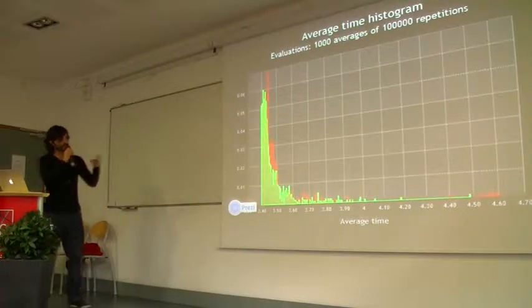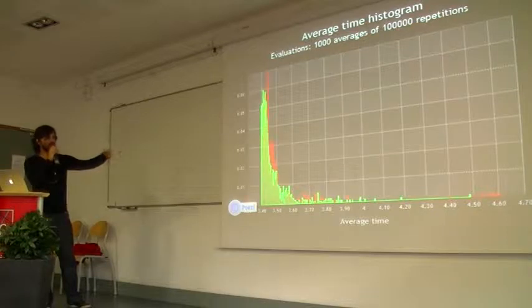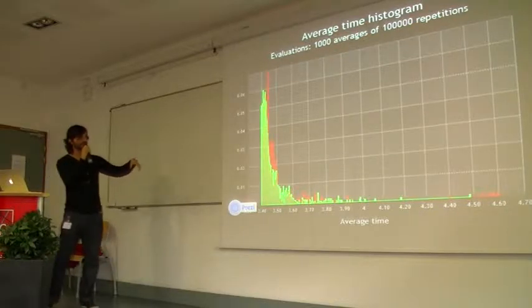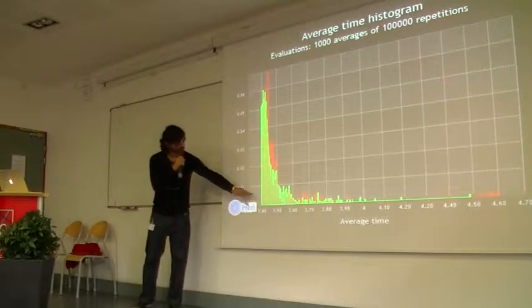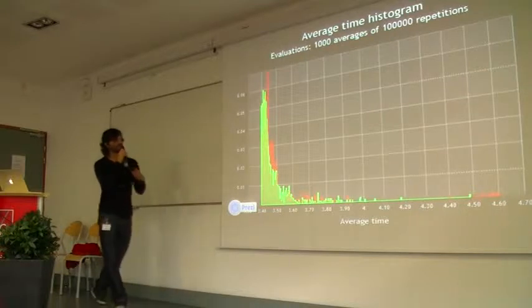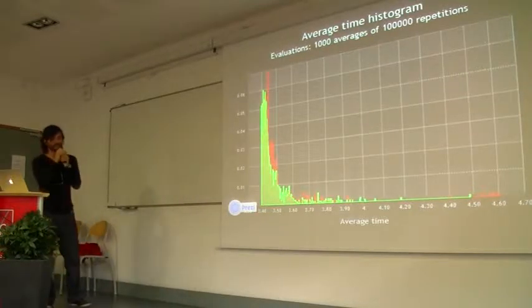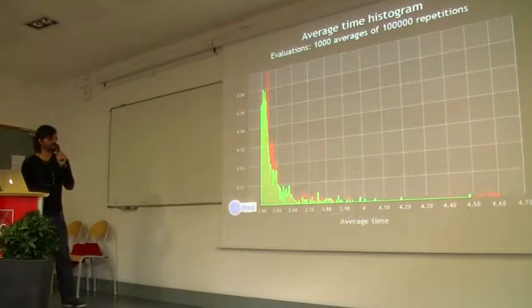So here, both histograms seem to be overlapped. There is a little shift of the green curve, which corresponds to the optimized version.